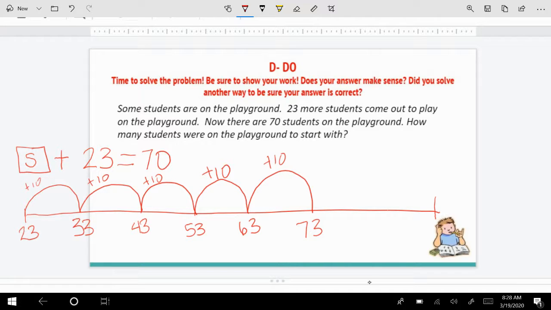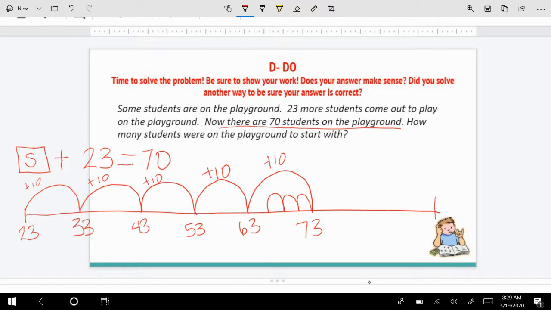But we see in our equation and in our story, it said now there are 70 students on the playground. So we know 73 is 3 too many. So if we want, we just go ahead and count back 3 to take that away. We have 72, 71, 70.